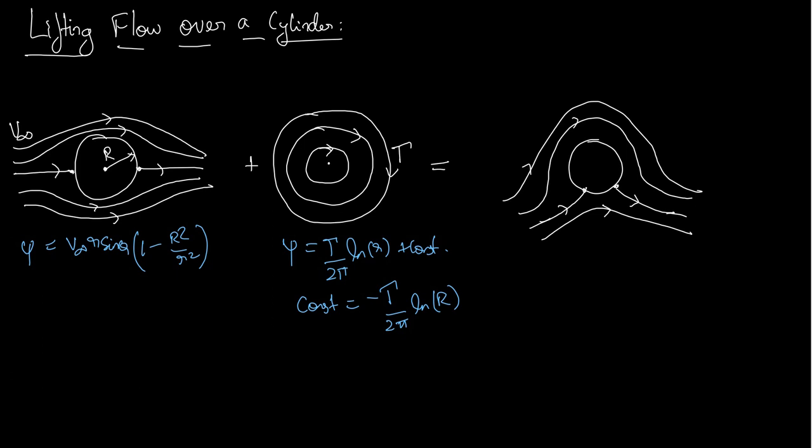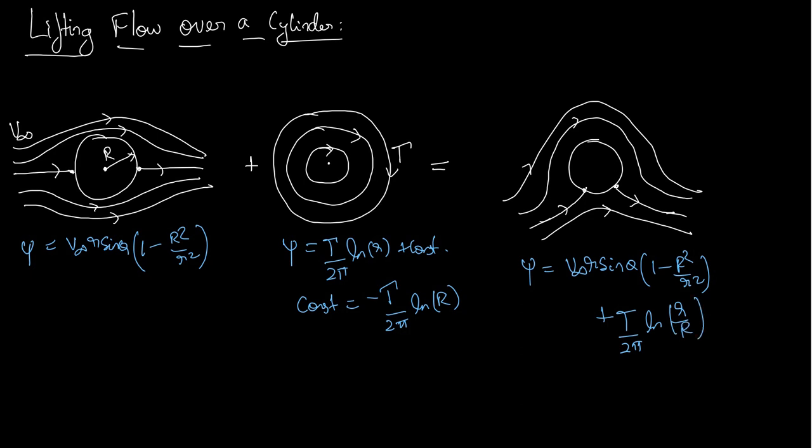So now we can directly write what is the stream function. We superimpose these two. We have V infinity r sine theta times 1 minus R squared by r squared plus gamma by 2 pi times ln of r by R, since log a minus log b is log a by b.